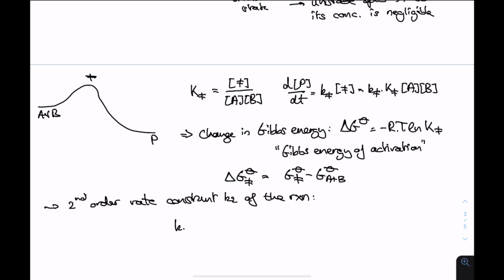So K2, I told you at the beginning of the class, that's kind of the goal of these theories, is to predict this second order rate constant. Will be this, which is K transition state times exponent of minus delta G naught transition state over RT.